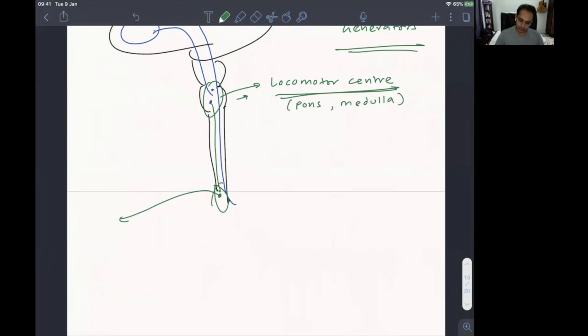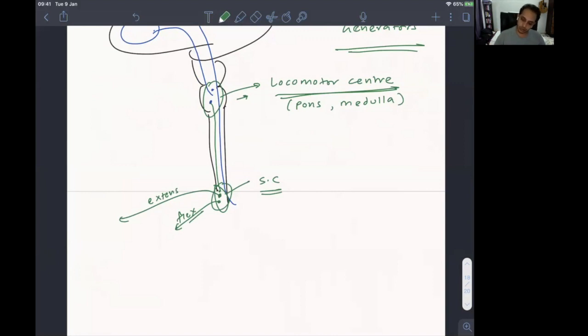And there is another center in the spinal cord. So this is at a very local level, and the center in the spinal cord also does the same action of exciting and inhibiting the opposite muscles. So if your extensors are contracting, then your flexors need to relax, and so on.